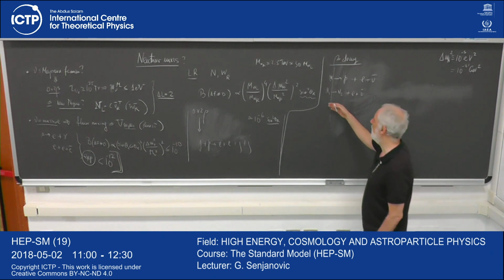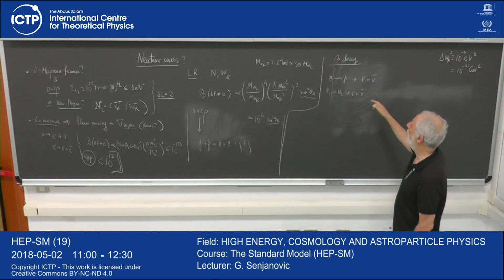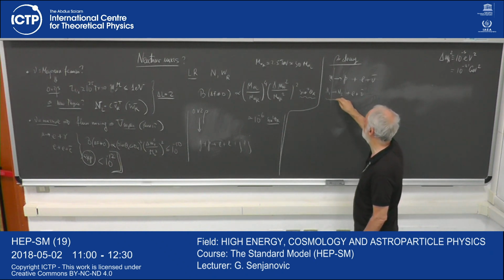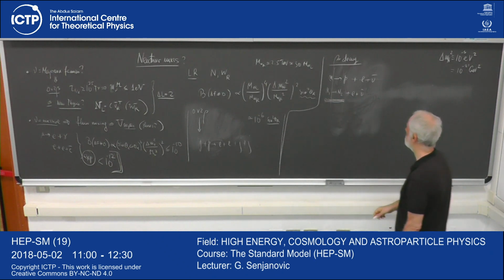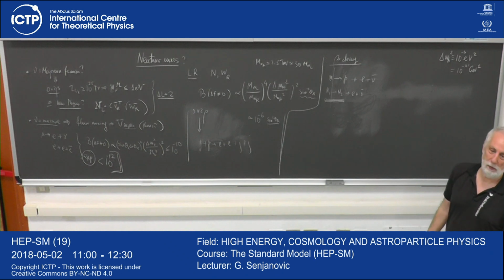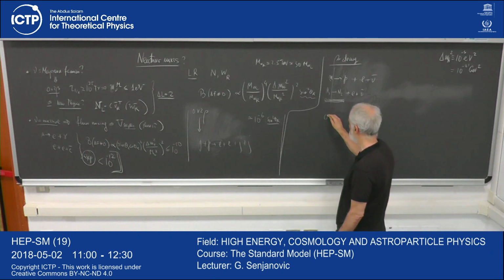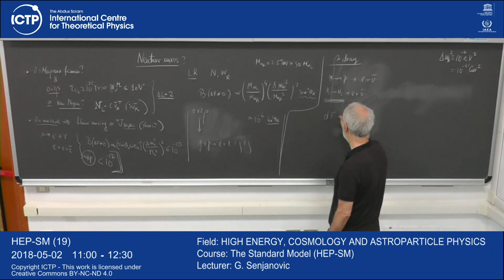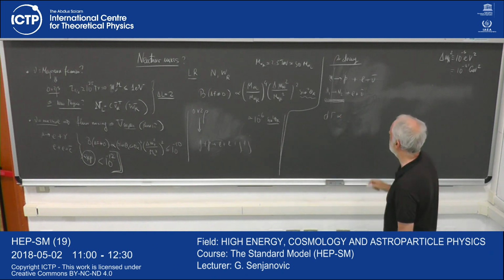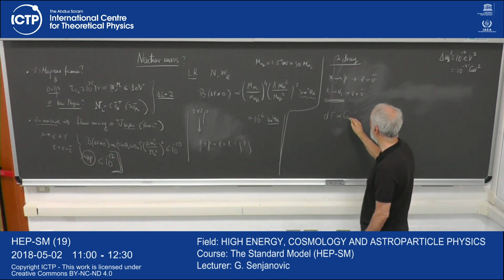So let's try to briefly give you an idea how we would do that. If I wanted to compute the decay rate for this process, I can go into the non-relativistic limit completely for the nuclear part. Strictly speaking, the decay rate will be proportional to G Fermi squared, this you know.